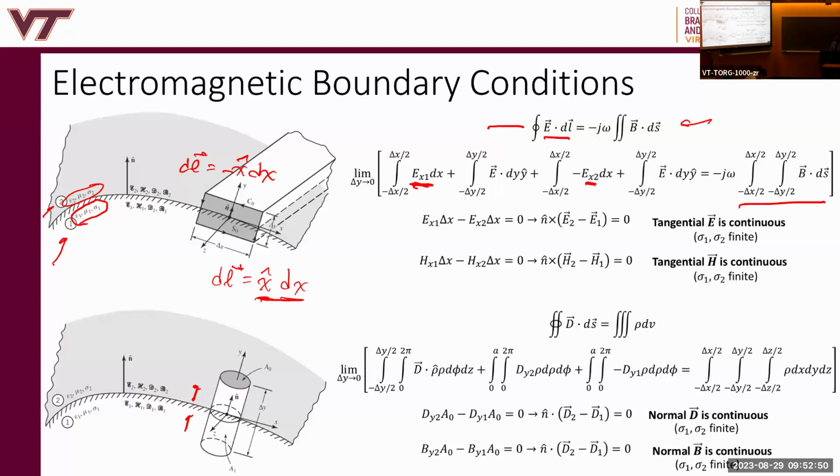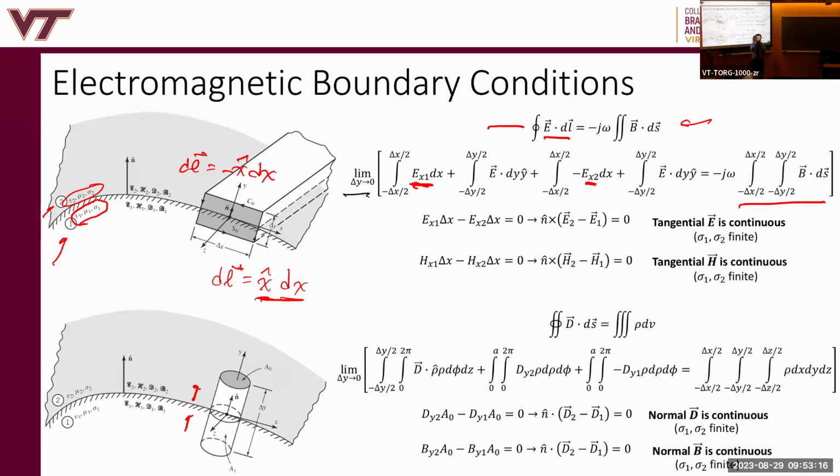But anyway, that side is not going to matter because we have to take the limit as delta y goes to 0. Why are we doing a limiting process? We want to know what the relationship is between the tangential components directly on either side of the interface, right? Infinitesimally close. There's some jump. There's a discontinuity in E or discontinuity in H. In this case, we're looking at what is the discontinuity in E because of the material discontinuity, right? E is some value in volts per meter on this side of the interface.